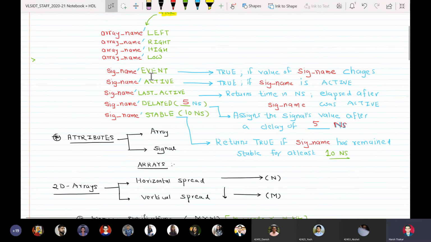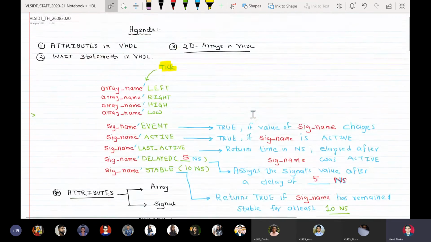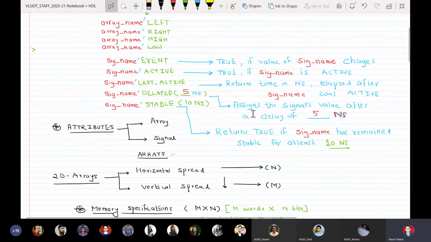Sig name tick delayed, say 5 nanoseconds, it assigns the signal's value after a delay of 5 nanoseconds. And sig name tick stable 10 nanoseconds returns true if the signal has remained stable for at least 10 nanoseconds. Okay, so now we will take one example of all these 5 attributes.